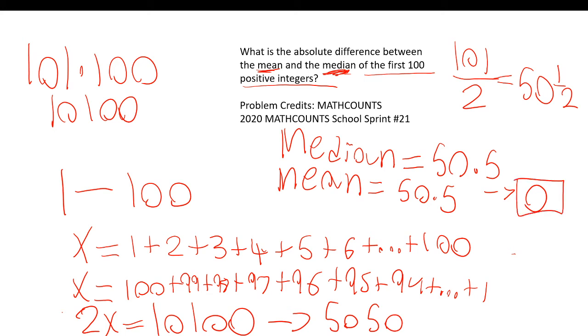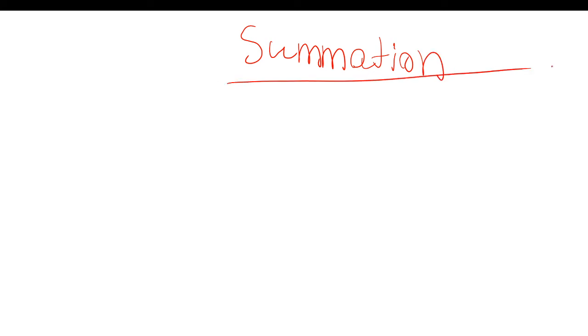Now this sum we just computed is a summation, right? And a summation is a special case of an arithmetic series, which we will explore in future videos. But a summation is basically the sum of the first n positive integers. For example, the sum of the first 4 positive integers will be 1 plus 2 plus 3 plus 4.